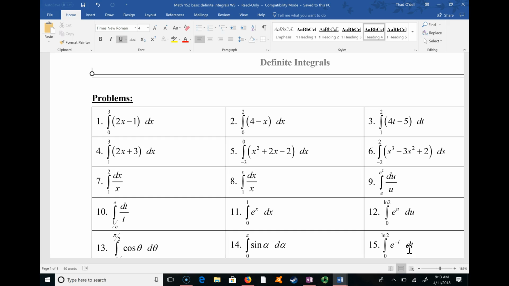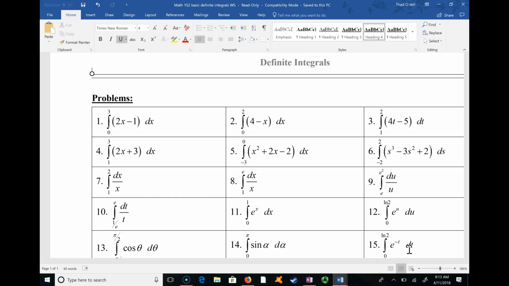I'll put it up here so we can see both at the same time. The fundamental theorem of calculus says that the integral of f of x dx from a to b is equal to capital F of b minus capital F of a. That's the second part of the fundamental theorem of calculus.